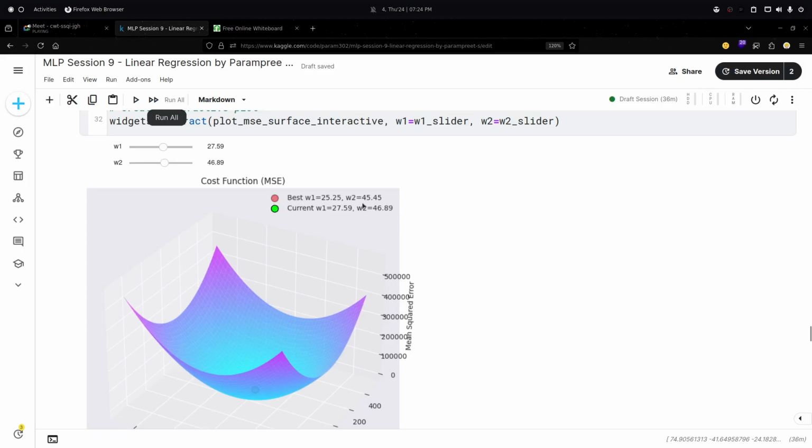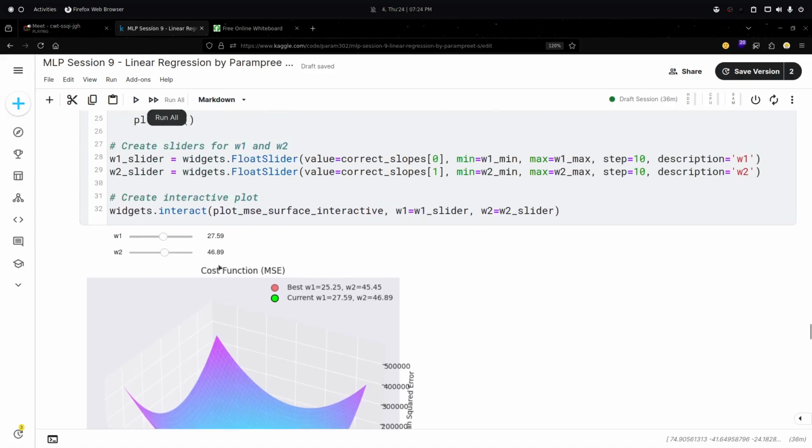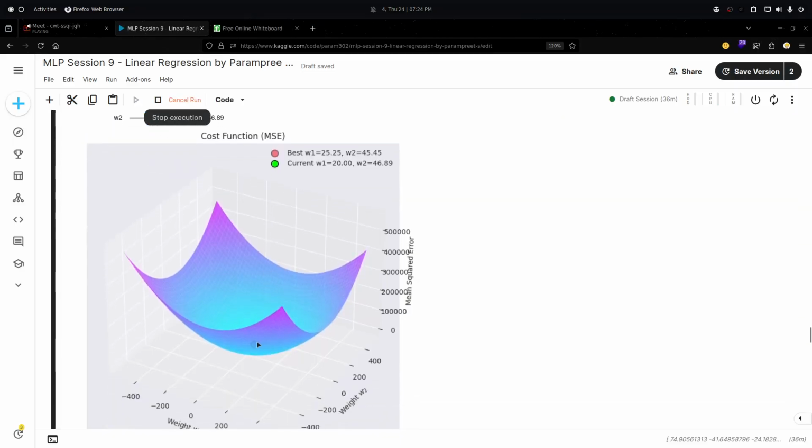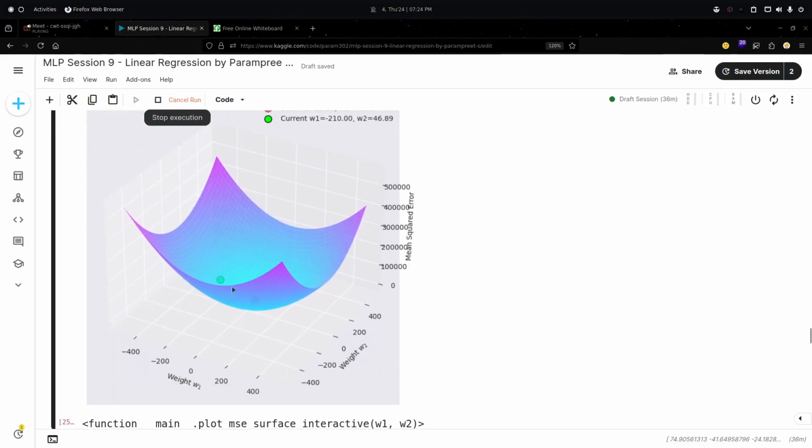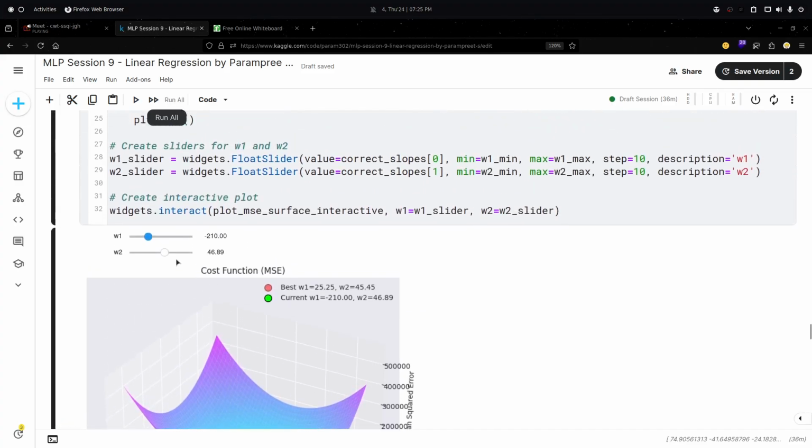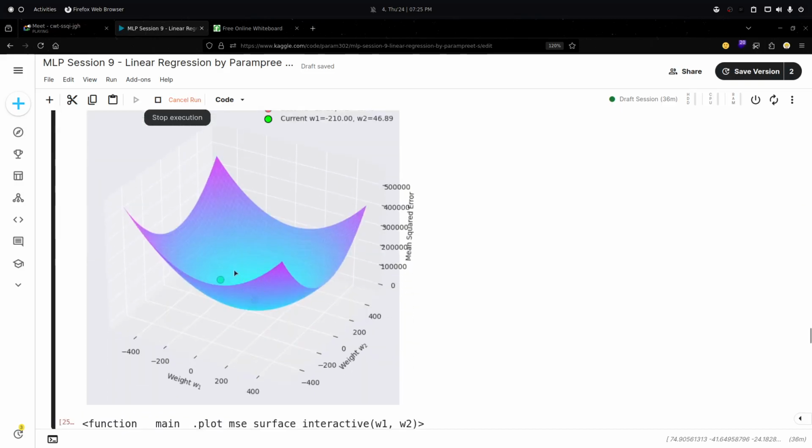Red represents the best w value and green represents the current w1 and w2 value. If I decrease w1 by some value, you will see the green will come here. Here you can see this is the green, and the red is somewhere there. We cannot see it properly, but I hope you can see it a little bit. If I increase the value of w2, you will see the green will go somewhere here.